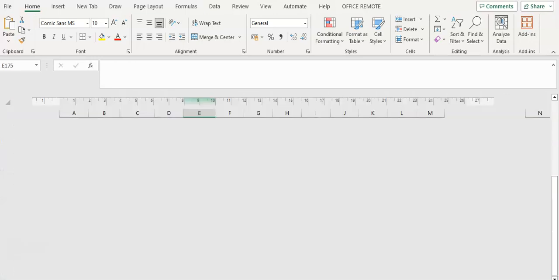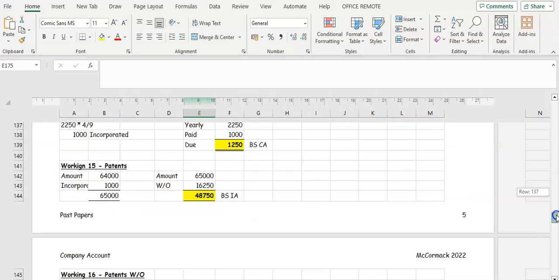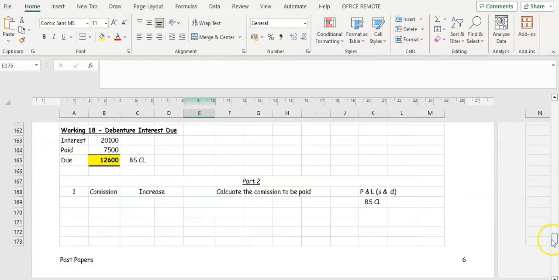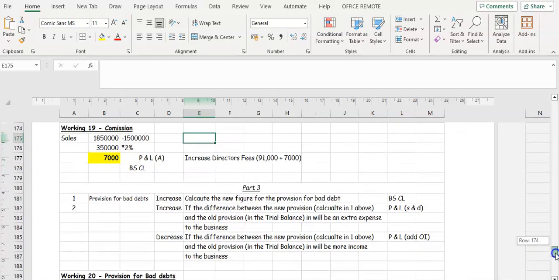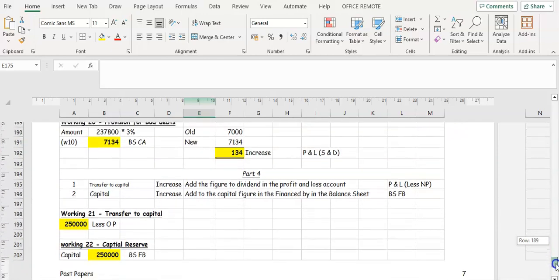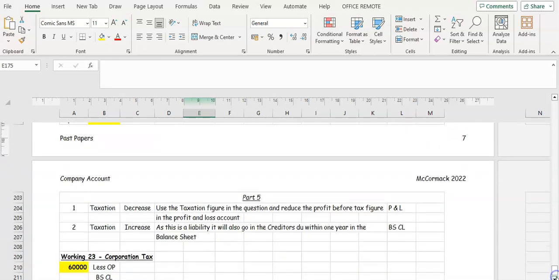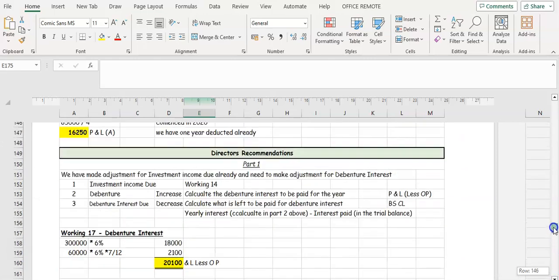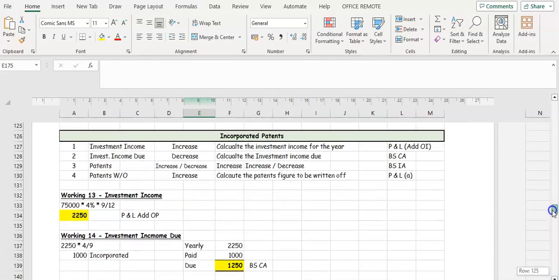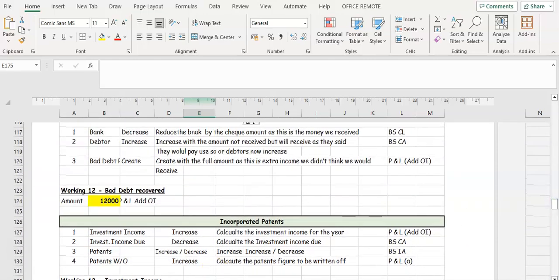So bad debt recovered towards the end was part of our bank, 12,000.